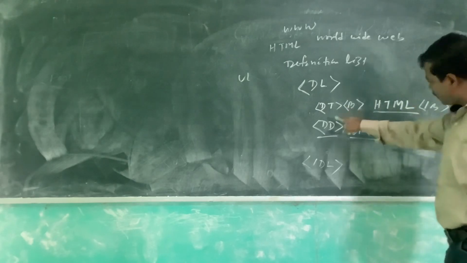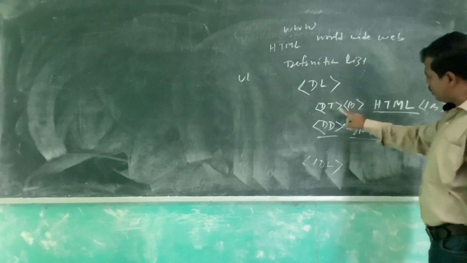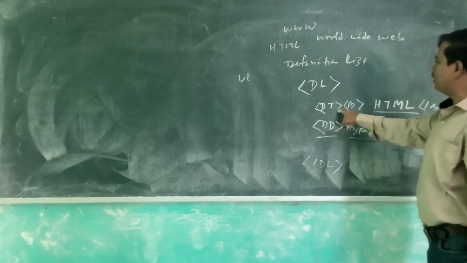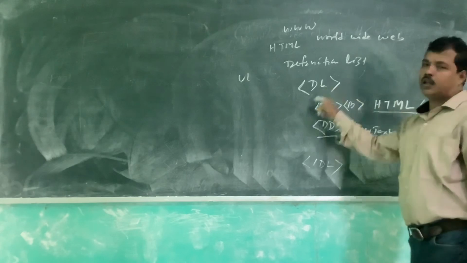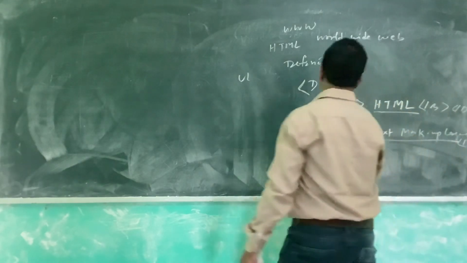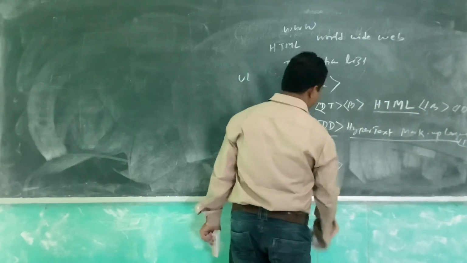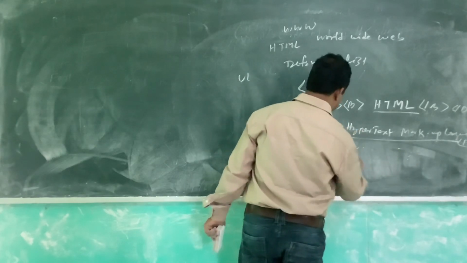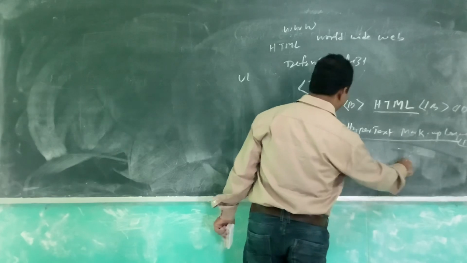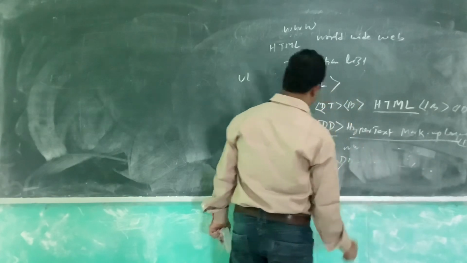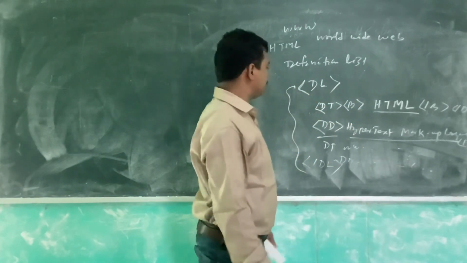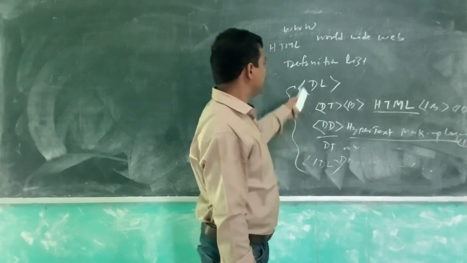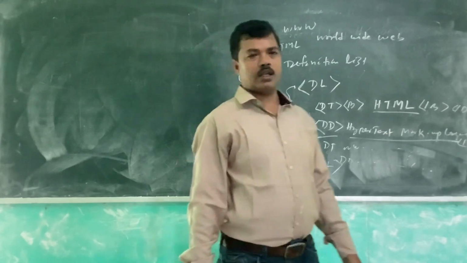This is for writing the definition of the term, and this is giving the term. Similarly, create another term, DT, slash DT, define it World Wide Web, then slash DD. Similarly, any number of terms and their definitions you can write between DL and slash DL.